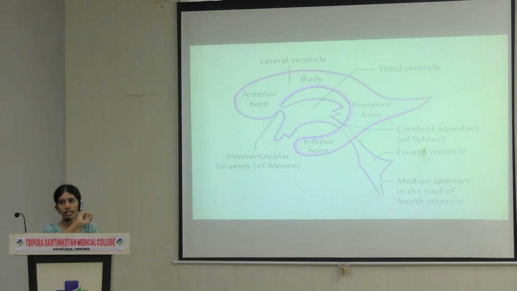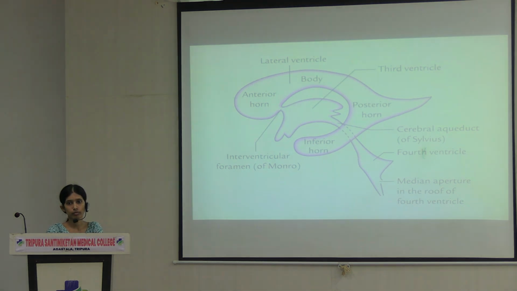Any doubts in this diagram? Okay, so this finishes your development of nervous system and also the introduction for the development of the brain. These topics are just introduction topics. Later again we have to discuss individually the development of forebrain, midbrain, hindbrain and also your spinal cord part.